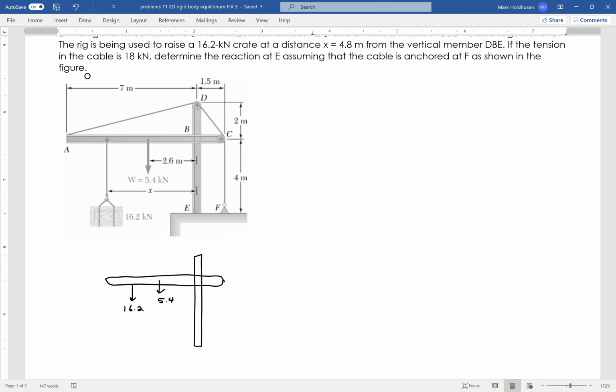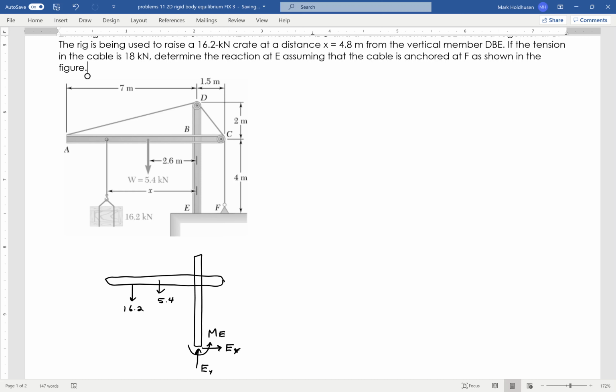I can't move upward, to the right, or rotate. They're all restricted. I can't do anything at E because it's basically welded into place there. So I've got what I will call an EY value, an EX value, and a moment at E given like that.